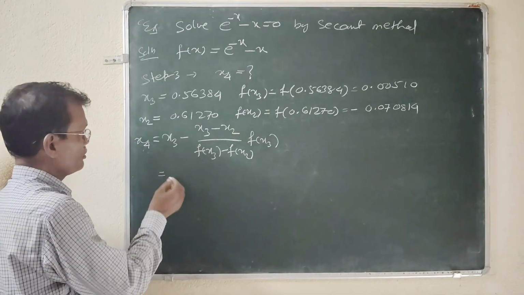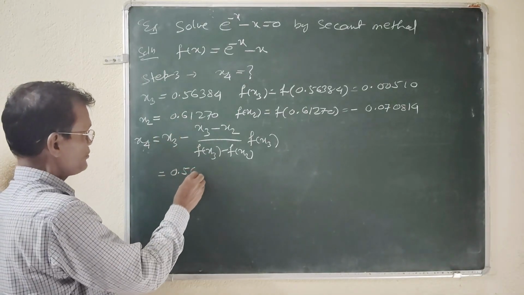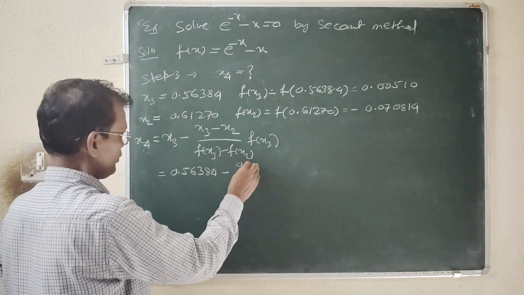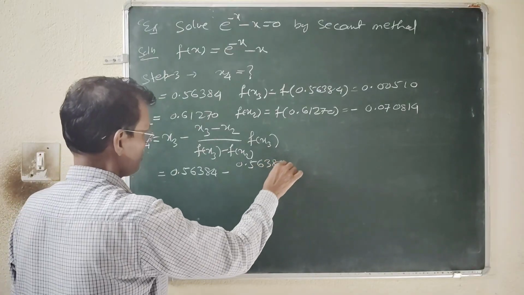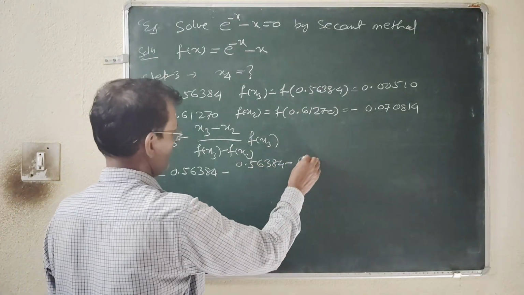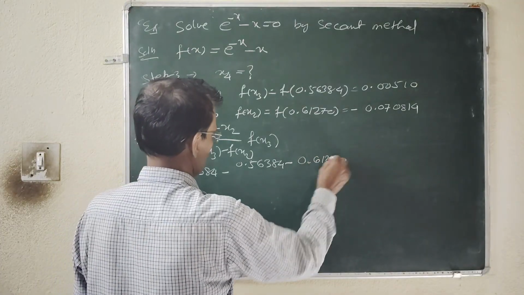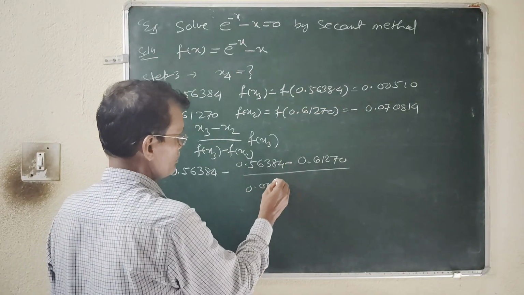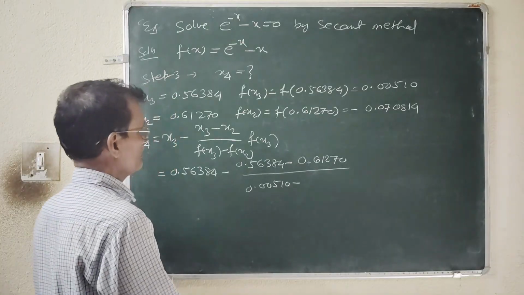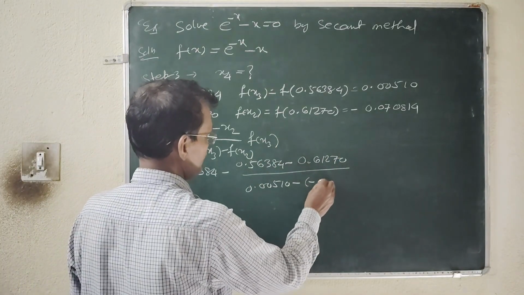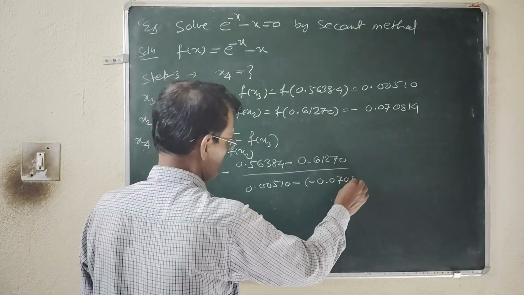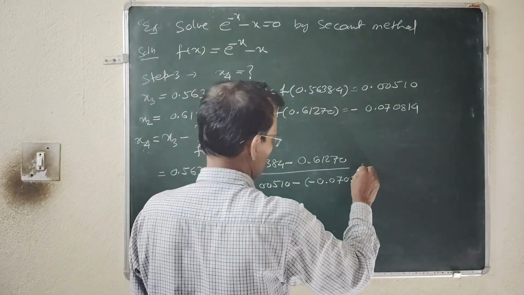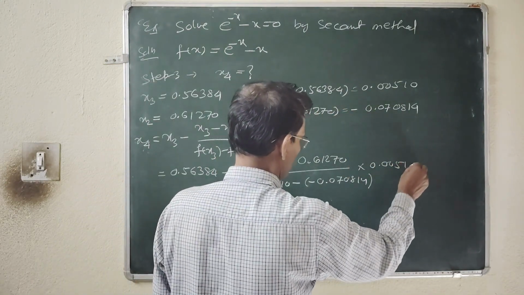That equals x3 is 0.56384 minus (again x3, that is 0.56384, minus x2 is 0.61270) divided by (f of x3, which is 0.00510, minus f of x2, that is minus 0.070814) into f of x3, which is 0.00510.